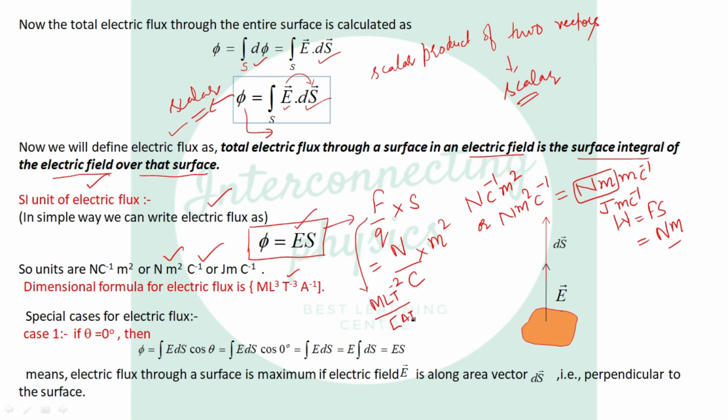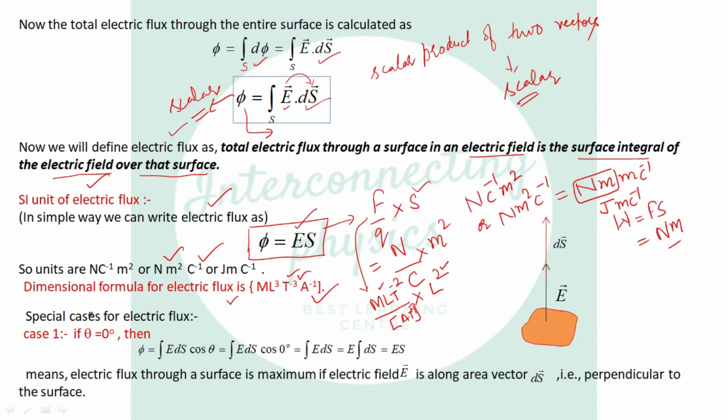That is A into T. What is the dimension formula for area? That is L2. Now multiply all these, and you will get the dimension formula for electric flux, that is M L3 T minus 3 A minus 1.